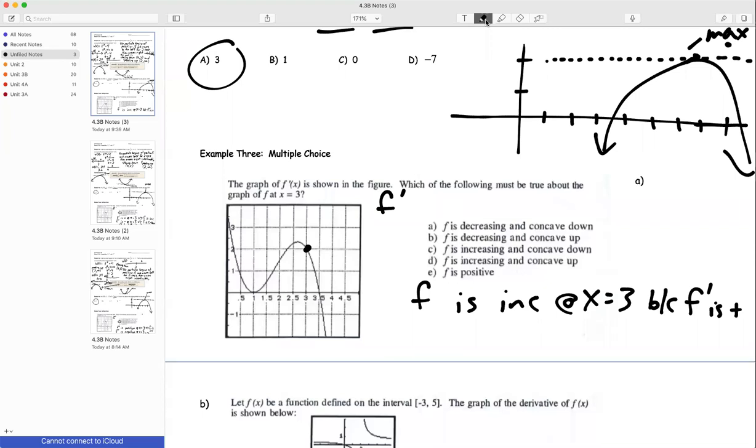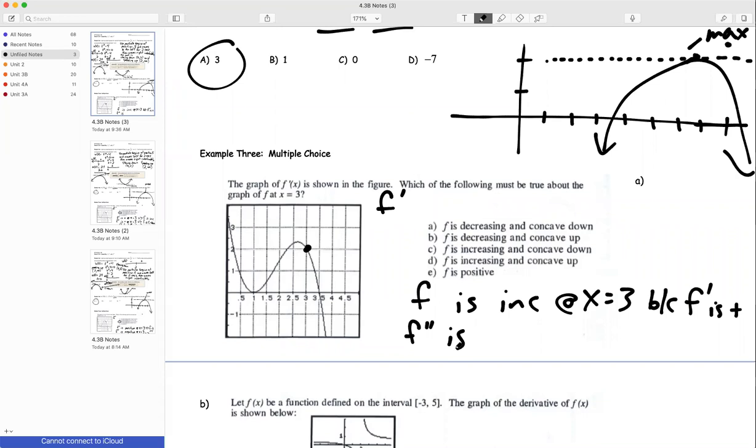I also know that f double prime is, okay, so how do I get the second derivative from the first derivative? From a graph, I'm looking at the slope, right?